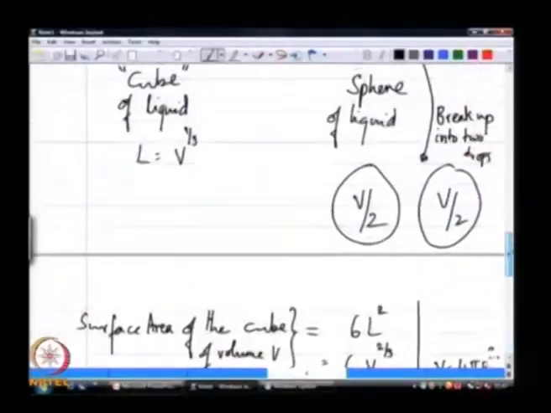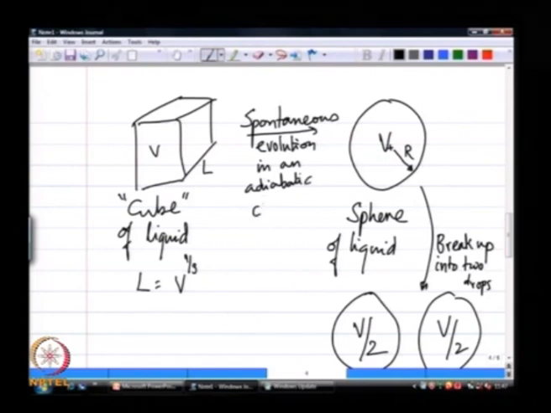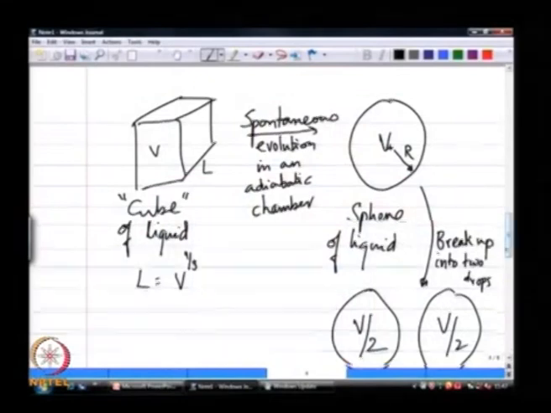So, in this spontaneous evolution process, that much energy is still inside the adiabatic chamber in the form of heat, because that energy has been dissipated. That dissipated energy essentially goes to heat the drop slightly by this much magnitude.